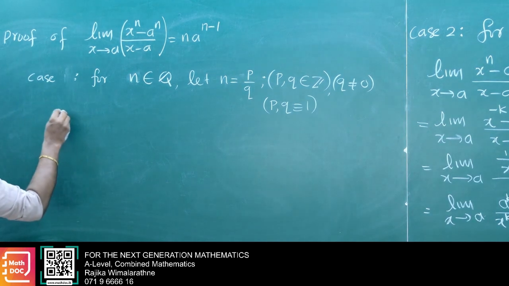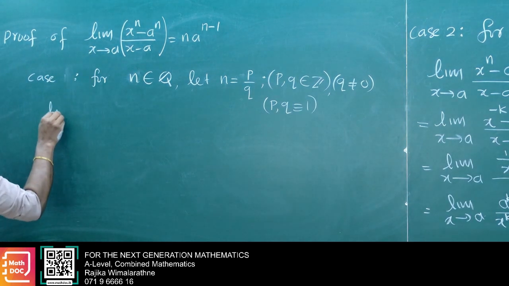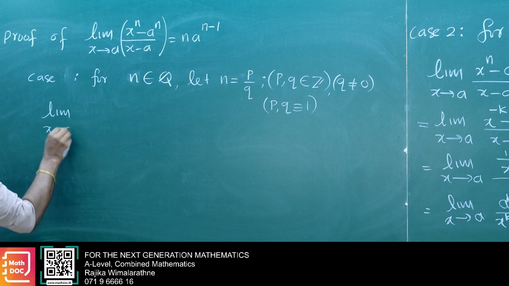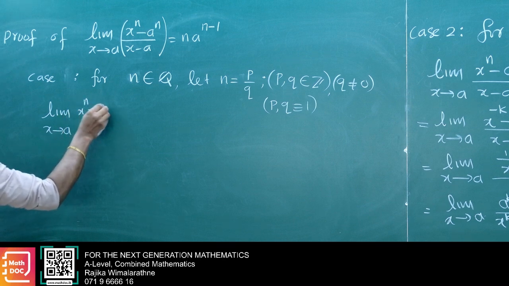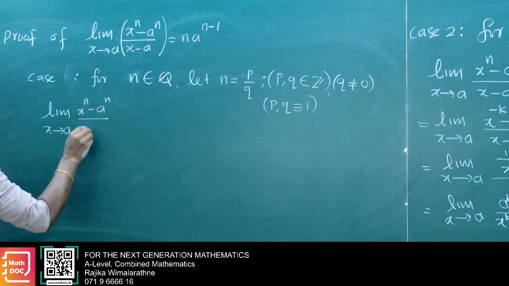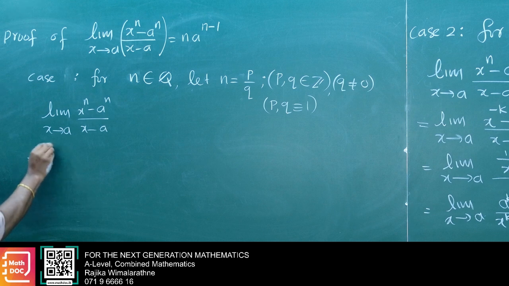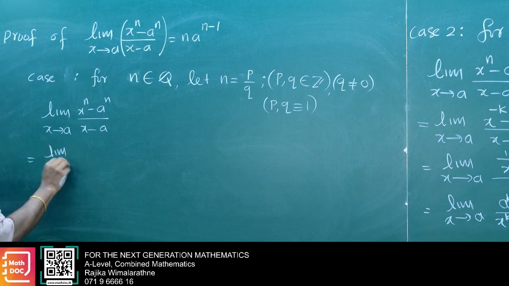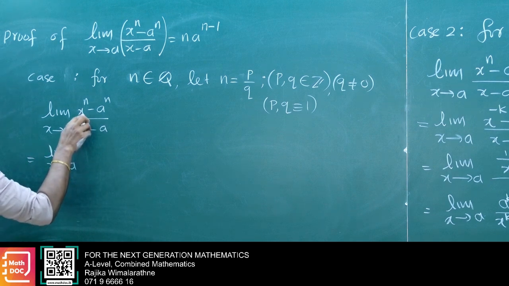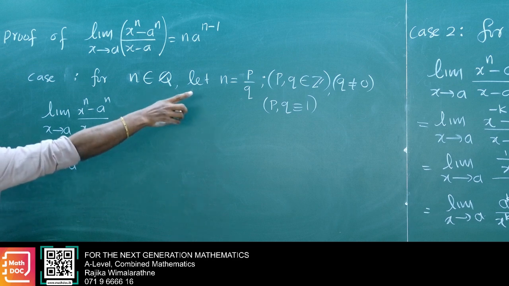See clearly. Then limit x goes to a, x to the power n minus a to the power n over x minus a. Limit x goes to a, now x to the power n means p divided by q.